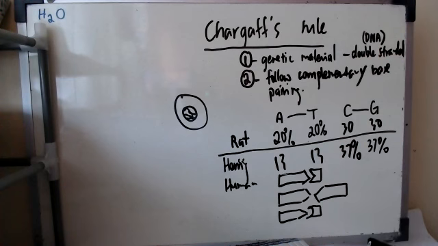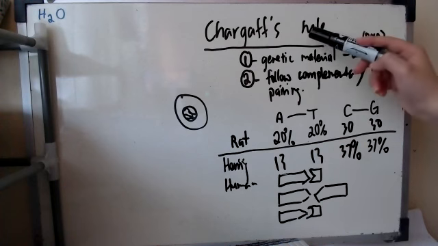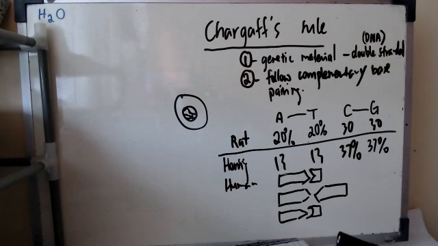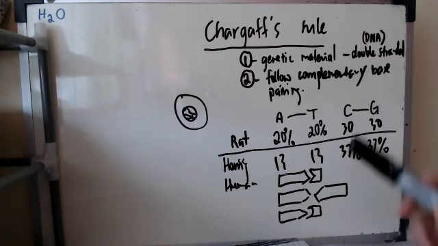So the reason would be, very likely this new organism has a genetic material that is single-stranded. So it likely uses RNA as its genetic material. That's why it's single-stranded. That's why it doesn't follow Chargaff. Okay?